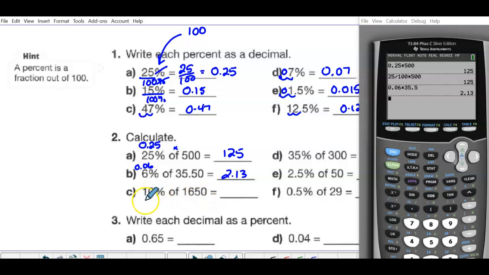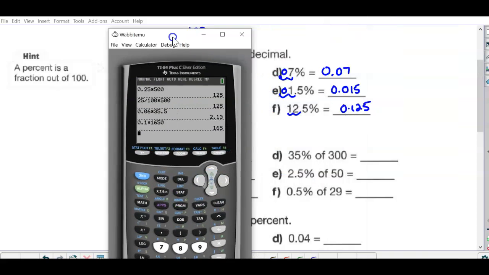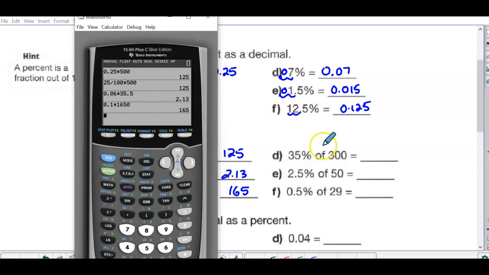Okay, because really 10% is 0.1. And so you're really just moving the decimal one digit. So this is going to be 165. Now, if you want to use your calculator, then you can. Confirms 165.